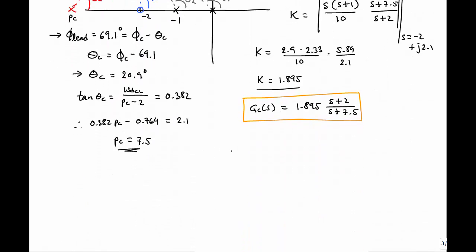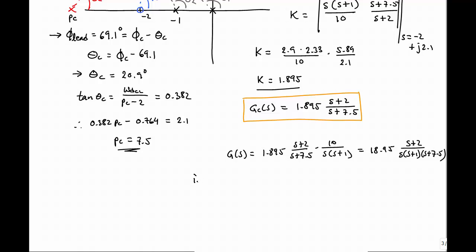In our second case, we have a G of S that is 1.895 times S plus 2 over S plus 7.5 times 10 over S times S plus 1, and we get no cancellation. So we end up with 18.95 times S plus 2 over S times S plus 1 times S plus 7.5.